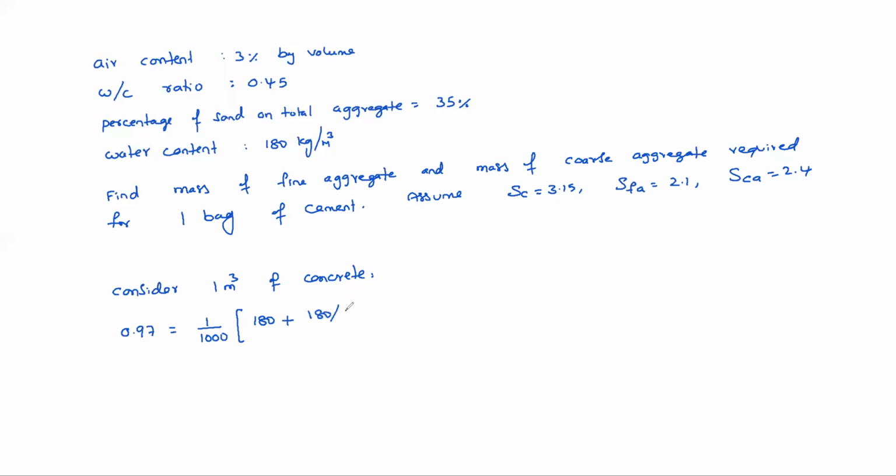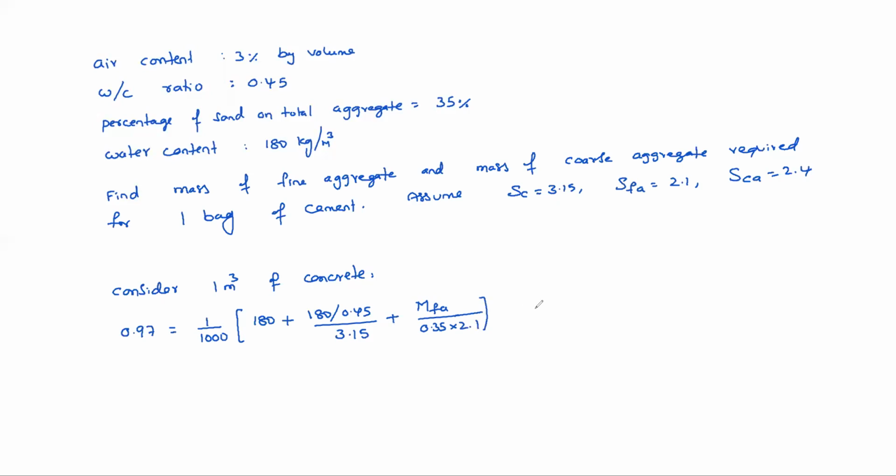So 0.97 equals 1 by 1000 into (180 plus 180 by 0.45 divided by specific gravity of cement 3.15 plus mass of fine aggregate divided by P 0.35 into specific gravity of fine aggregate 2.1).